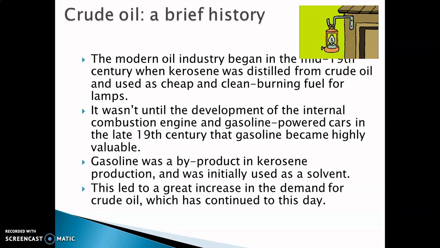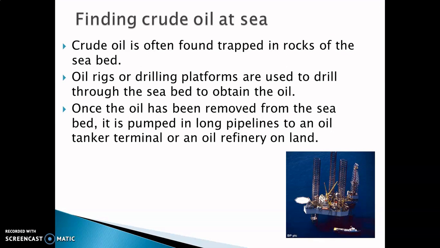Only after the internal combustion engine and gasoline did the interest in crude oil start. Gasoline was a byproduct of kerosene production, and this led to a great increase in the demand for crude oil. Till now the whole world is in need of crude oil.